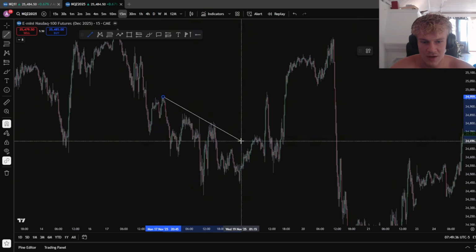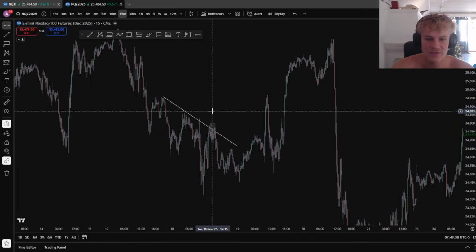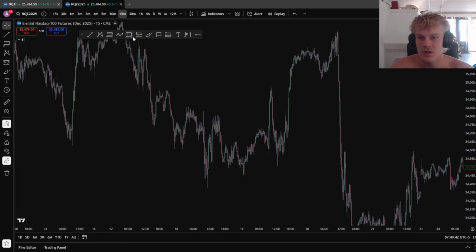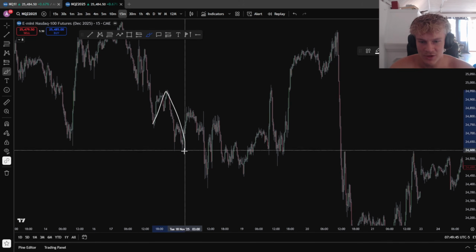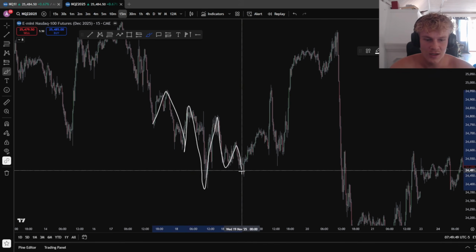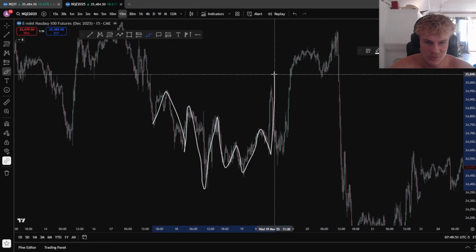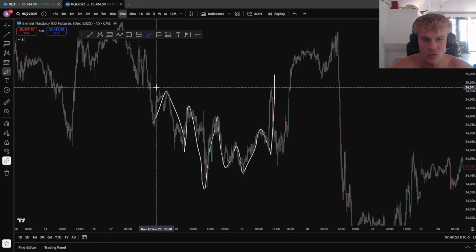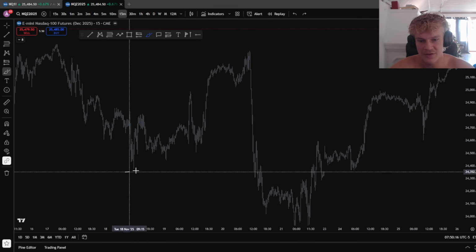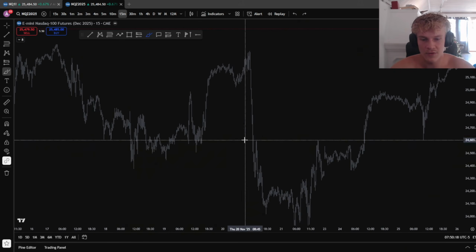Examples of low resistance liquidity could be something like this right here. You see that we have stacked equal highs and we haven't really taken out any sort of liquidity yet. So as you can see, we have bearish market structure where liquidity never gets taken. And then we have this candle, which just takes out everything in one single candle. This could also count as low resistance liquidity, as we have just left a lot of lows together.